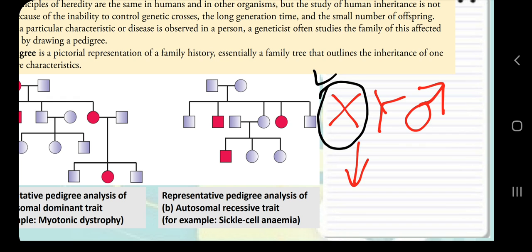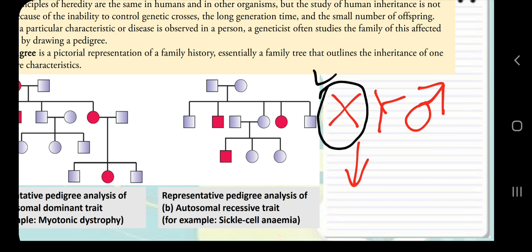This is the fact. All boys inherit their X chromosome from their mother only. This is not true for autosomes. We can have independent assortment of autosomes, but this X chromosome is very special because we always inherit the X chromosome from our mother, not from our father. So in my lecture on sex determination, you can learn more about the pattern of inheritance of X and Y chromosome.